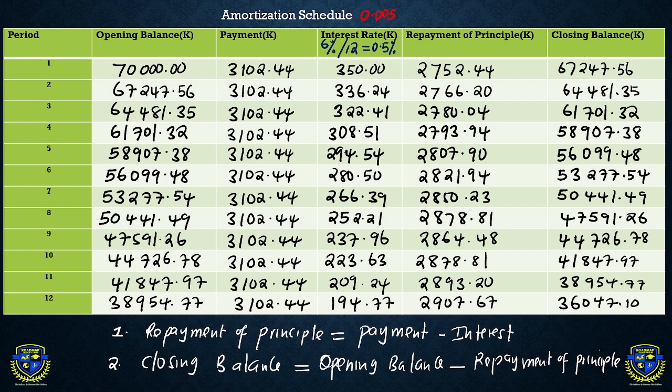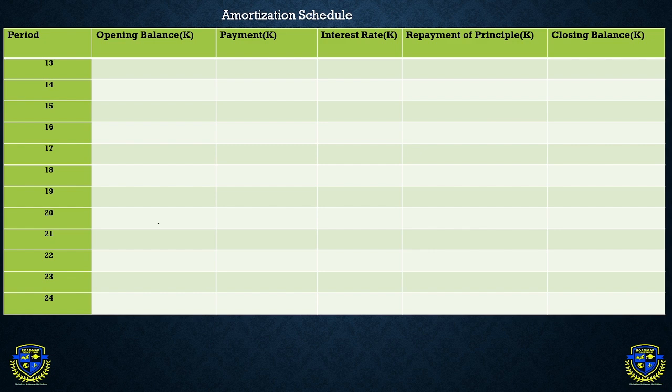Okay, so due to space, the other table is on the next slide. Okay, so here we are beginning with 36,047.10. So remember, the equal payment is still the same.